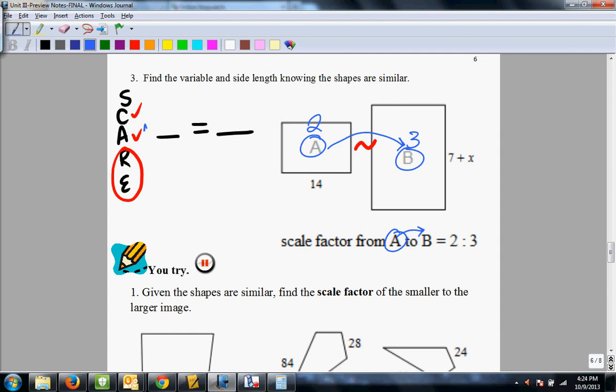So I'm going to put a little A and B here because that's the direction I want to go. So A over B. A is 2, B is 3. Now I match up. My A is 14 and my B is 7 plus x. From here we cross multiply and we're going to take it from there. 2 parentheses, 7 plus x equals 3 times 14.